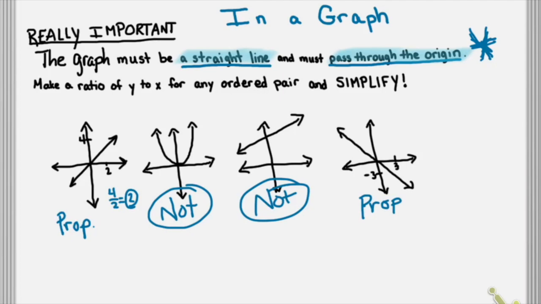On the fourth one, I can see that it crosses where the y equals -3 and where the x equals 3, and so the k equals -1.